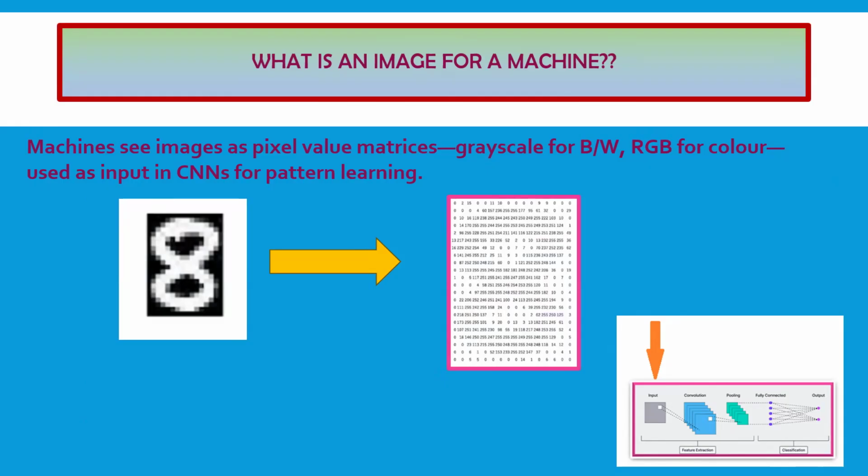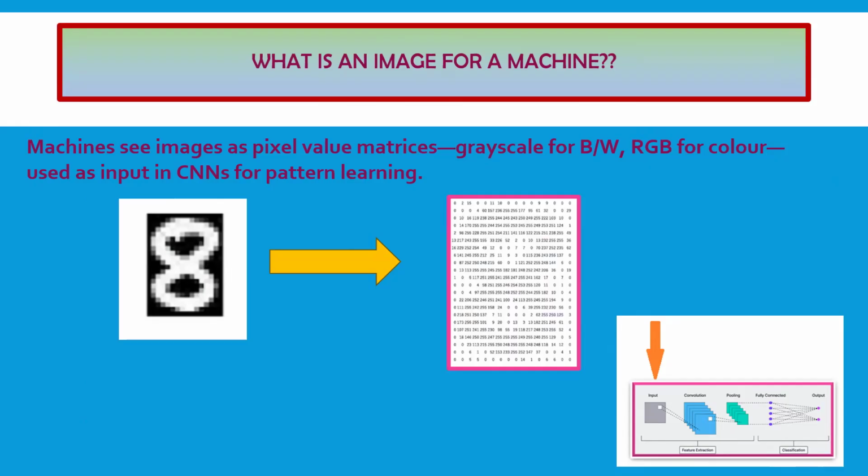The input layer of the CNN takes this numerical data and treats it just like any other data set for computation, pattern recognition, and learning, etc. Similarly, for a colored image, we use three separate matrices, one each for red, green, and blue channels, together forming what's known as an RGB image.